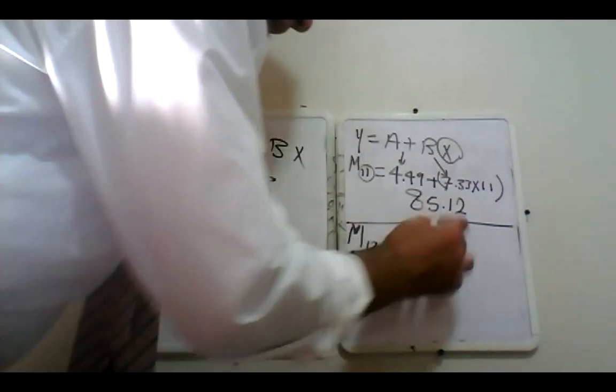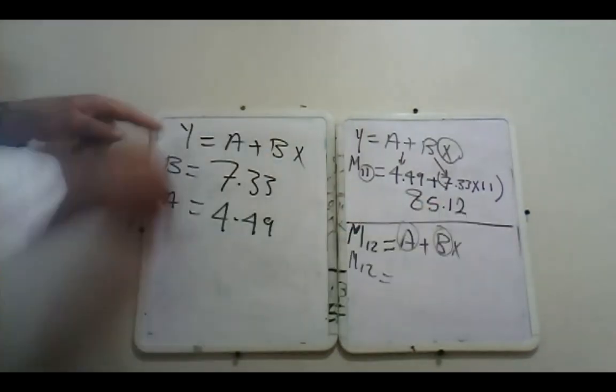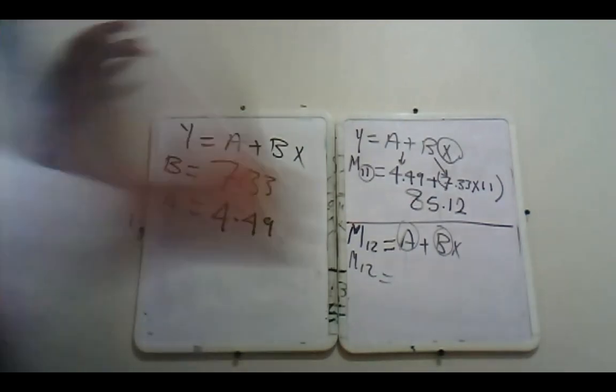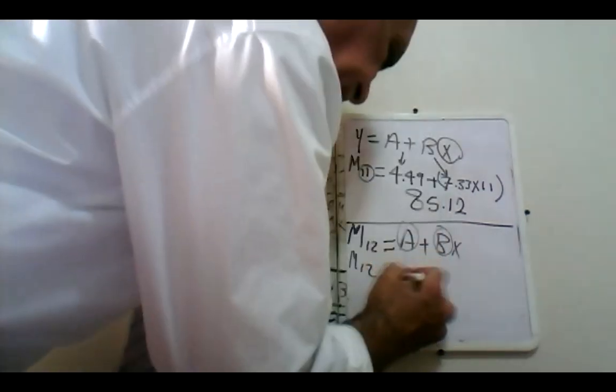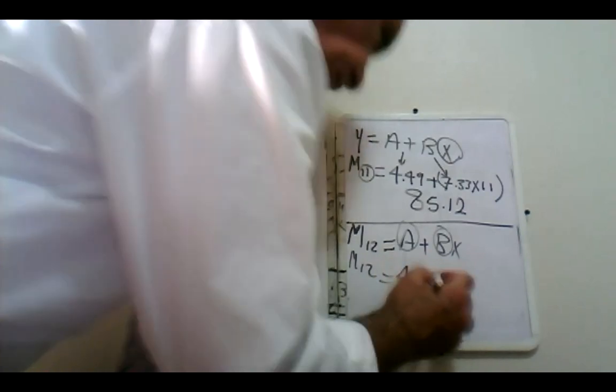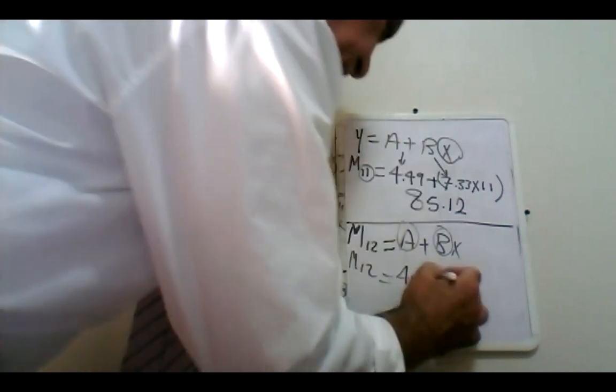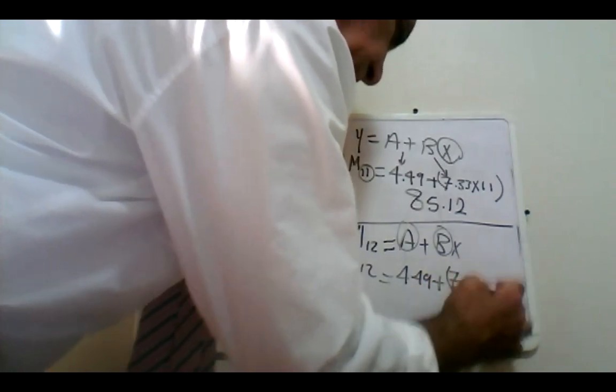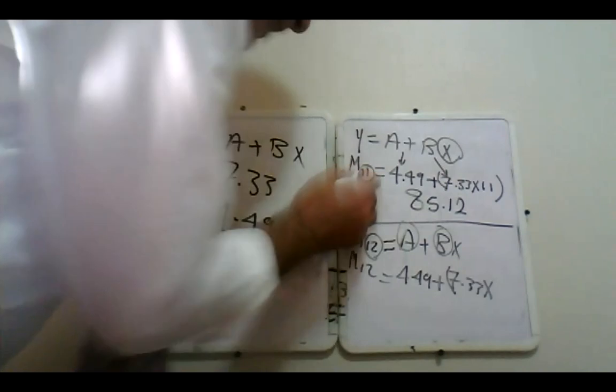The A and B are constants, and we have their values. A is 4.49 plus B is 7.33, but this time, instead of 11, I will multiply by 12.